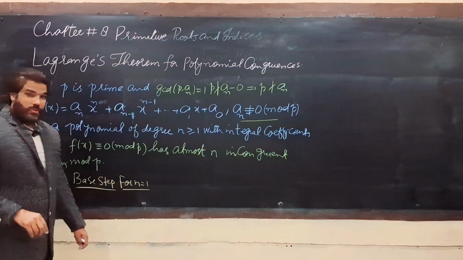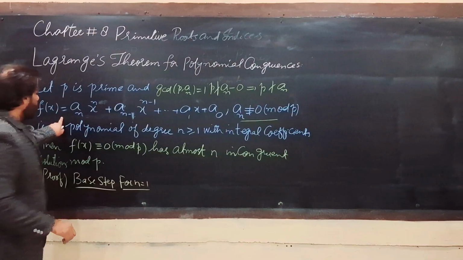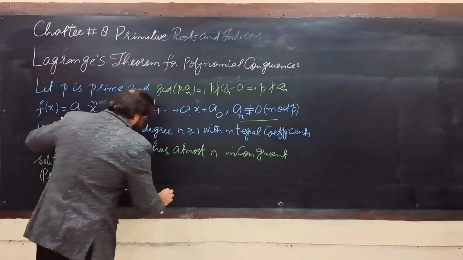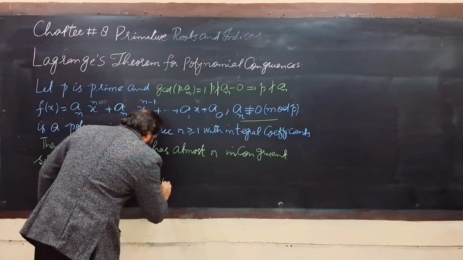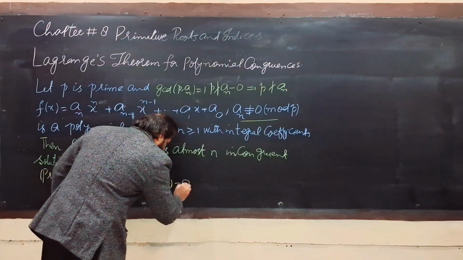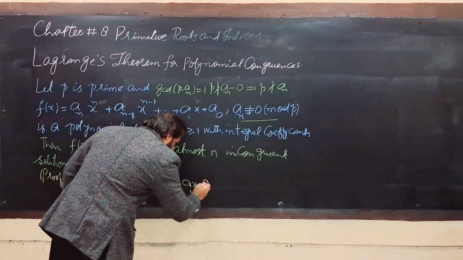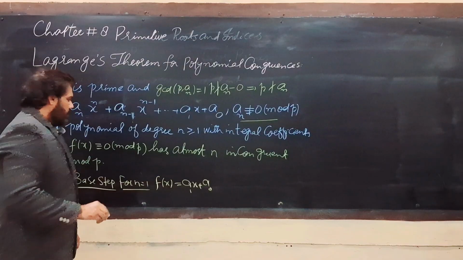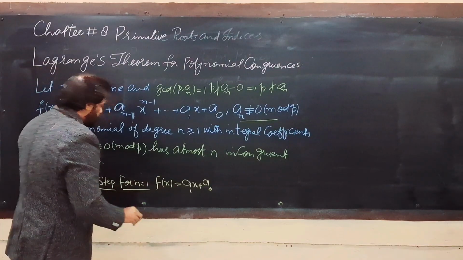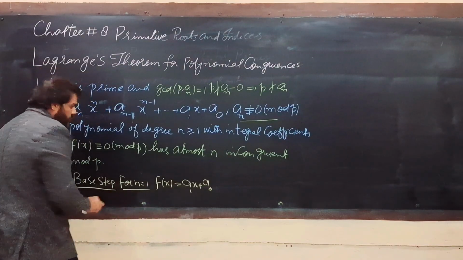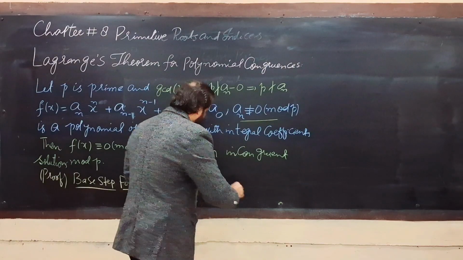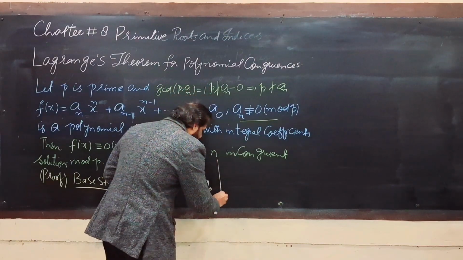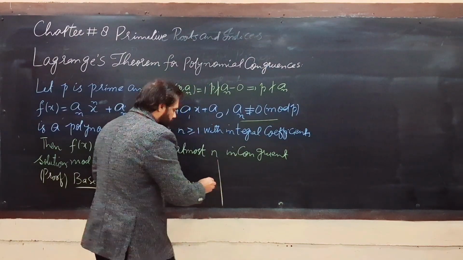When our n is equal to 1, then this polynomial becomes the linear polynomial, that is, f(x) is equal to a_1 x plus a_0. So we have a linear congruence.